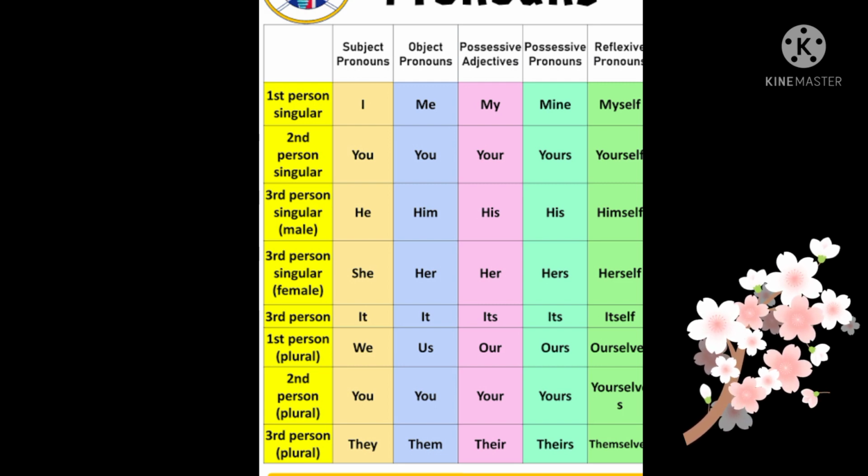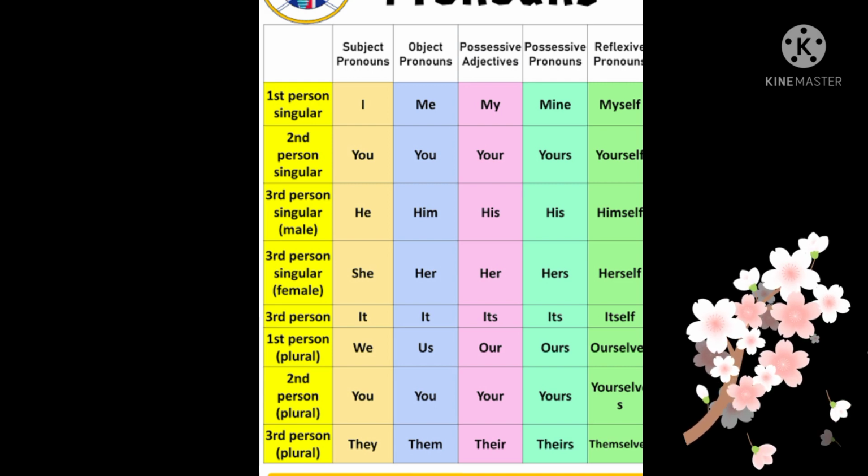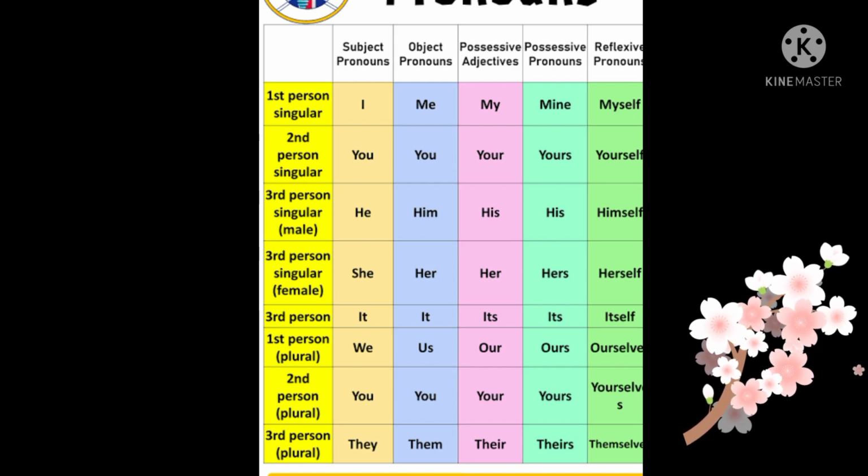Similarly, second person you, it will be possessive case yours and reflexive case yourself. Third person, he, she, or it: his, himself, her, hers, herself, and it, its, and itself.